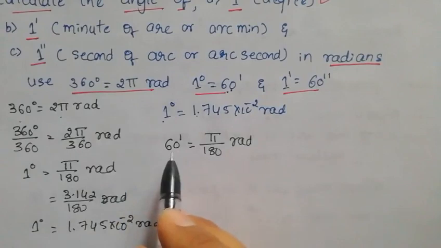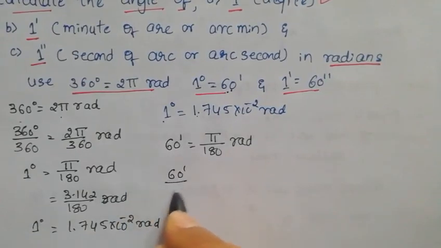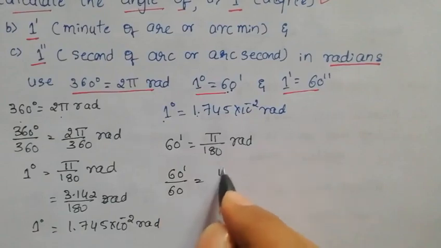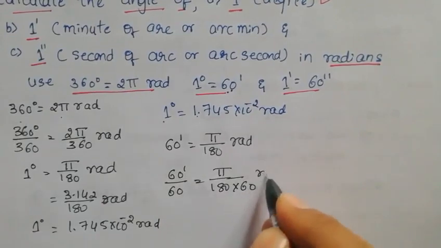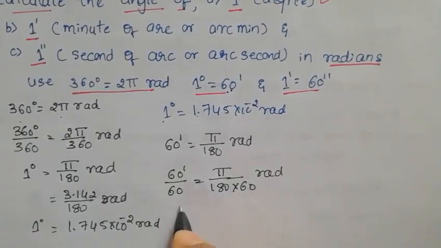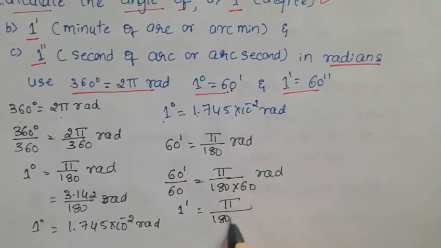Now we want 1 minute, so I will divide by 60 again. 60 by 60 equals pi by 180 into 60 radian. So 1 minute equals pi by 180 into 60 radian.